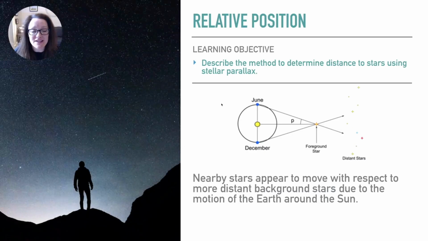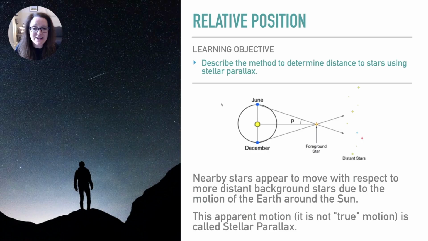So if you've got a really good telescope, you can say, well, the angle in June was here, the angle in December was there, and you can work out what that angle is using your telescope. And then all we have to do is use a little bit of trigonometry to work out what the angle between the Earth and the star is. Because we've got the angle, we can see a right angle triangle, and we can use trigonometry. And this apparent motion is called stellar parallax.